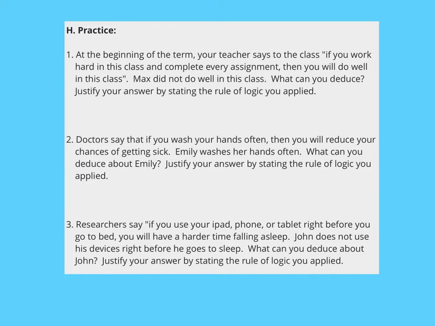So in this particular case, we have a hypothesis that says if you work hard in class and complete every assignment, and then you have a conclusion that says then you will do well in class. So in the statement, Max did not do well in class, that matches up with the conclusion.